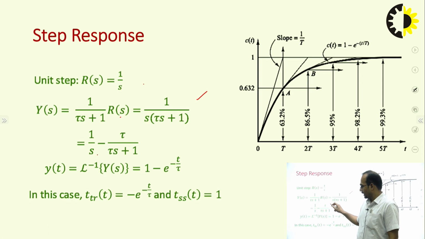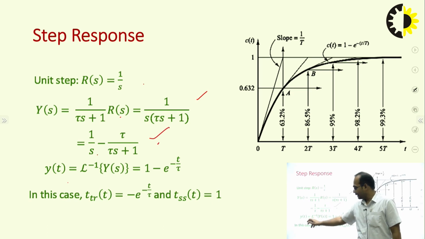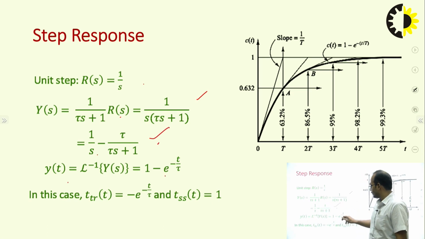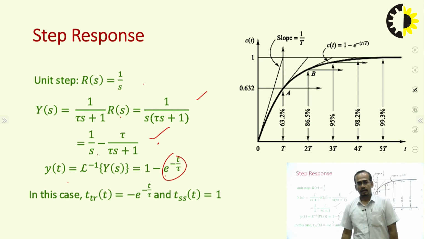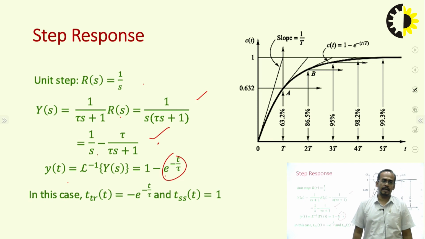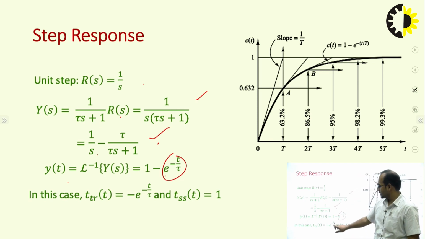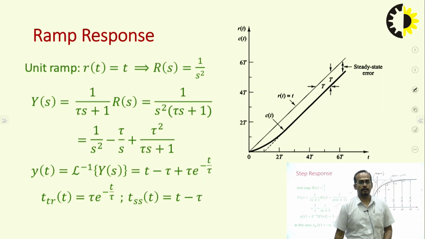What will be the inverse Laplace of this? y(t) will be equal to 1 minus e to the power minus t by tau. In this case, we can see that the transient response is minus e to the power minus t by tau, and the steady state is 1.